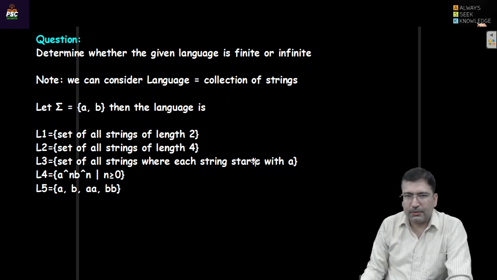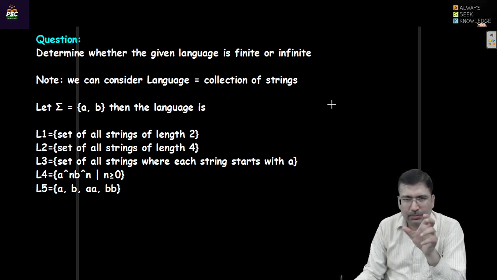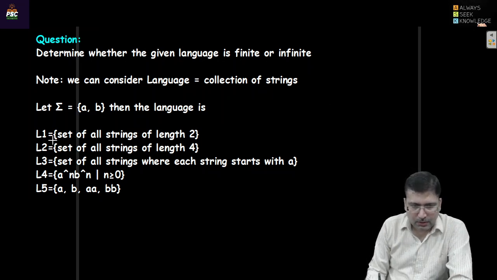Now, what is the definition of finite and infinite language? A finite language will have a finite number of strings, and an infinite language will have an infinite number of strings. L1 is the set of all strings of length 2.